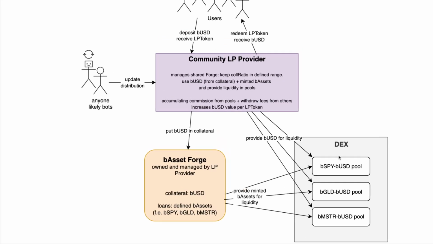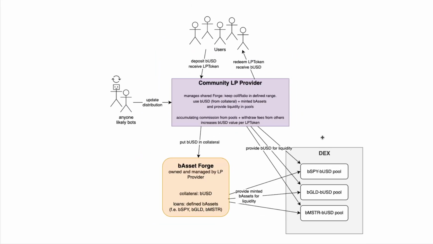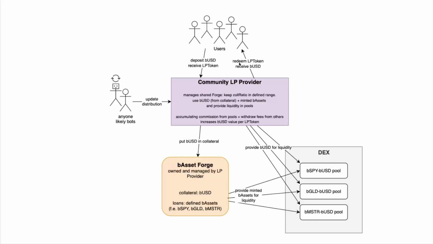In short, we have here now the users on top and this community LP provider. And as I said before, the system provides those forges. And the LP provider is a smart contract on the blockchain. Again, full DeFi, deployed on the chain, verified, open source, everything.